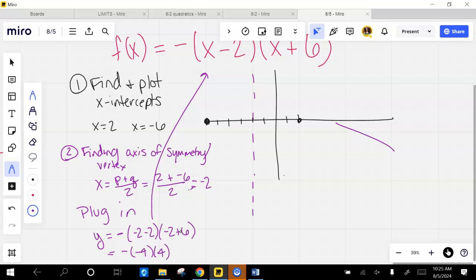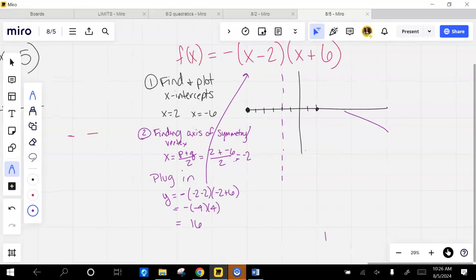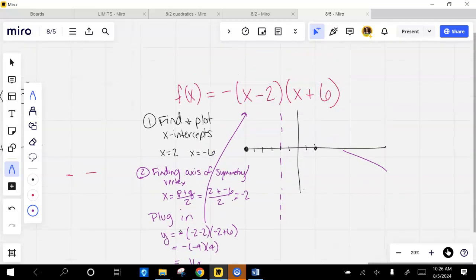This is +4. That means I got to go all the way up to 16. I'm not counting up that high. -2, 16 is my vertex.